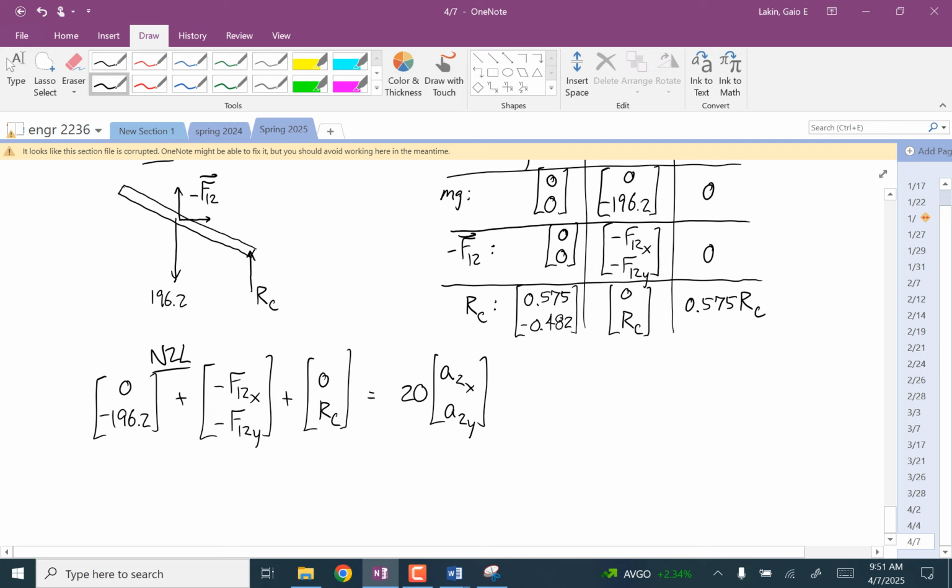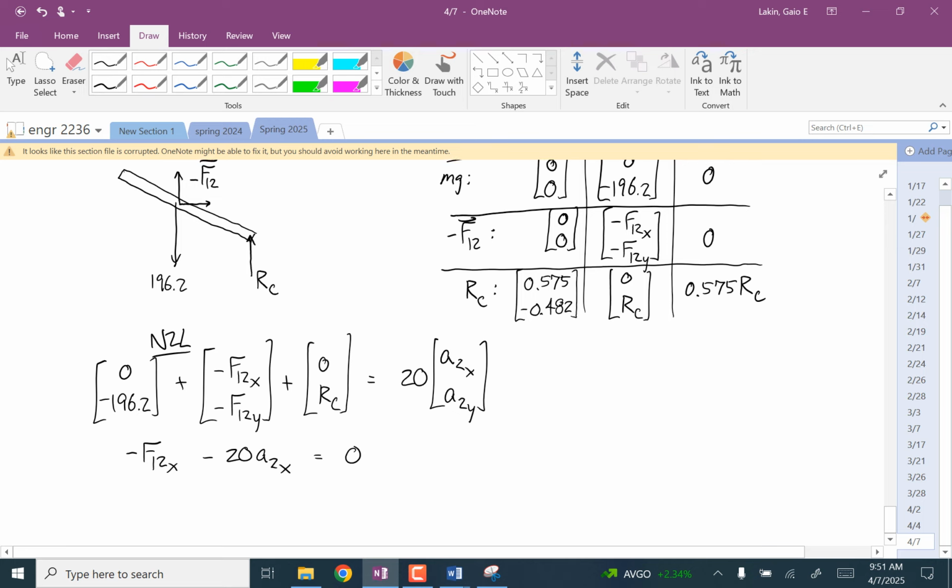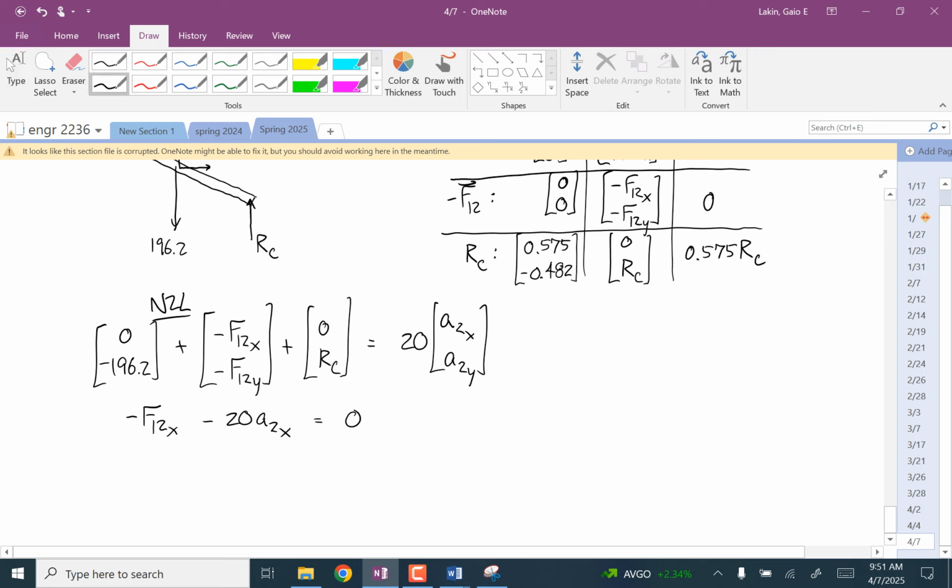And so we have a second equation that says negative F12x minus 20A2x is equal to 0. A third equation that says negative F12y plus RC minus 20A2y is equal to 196.2.